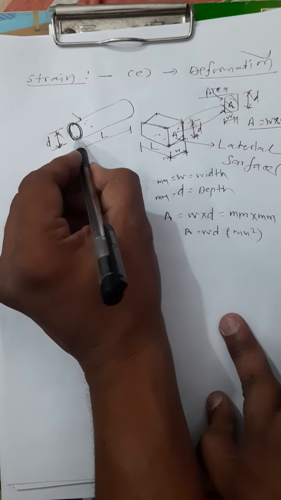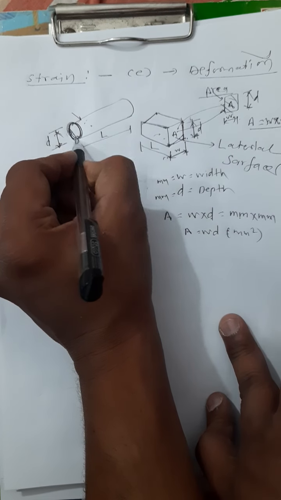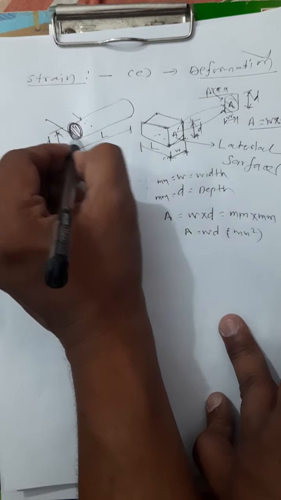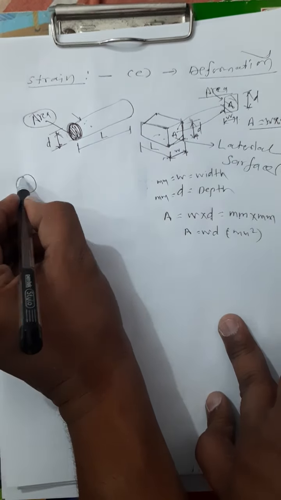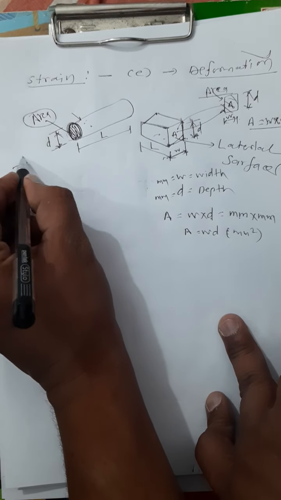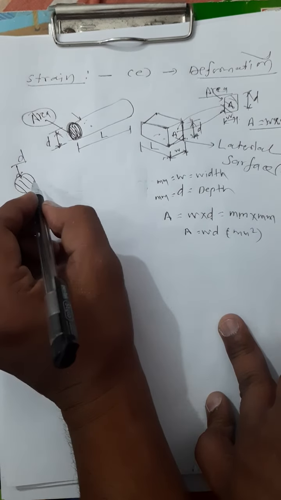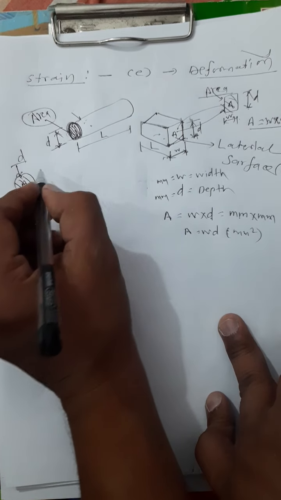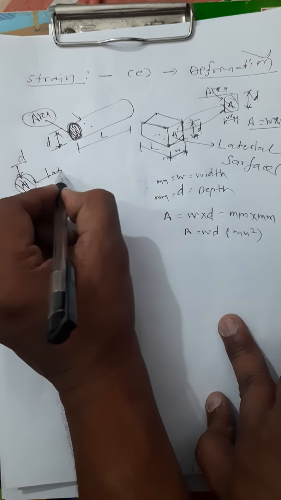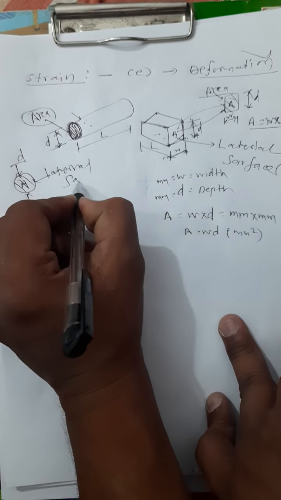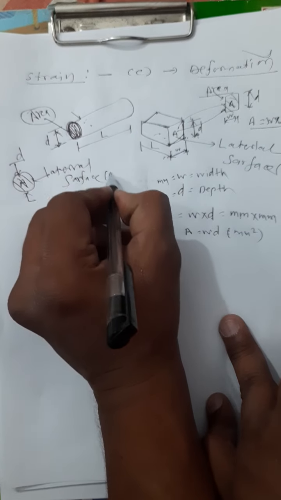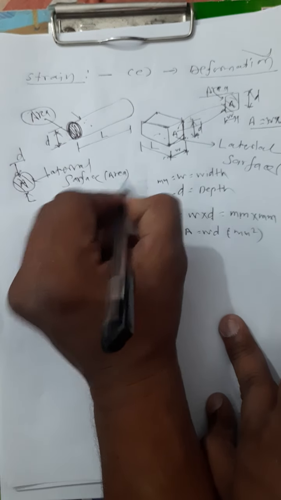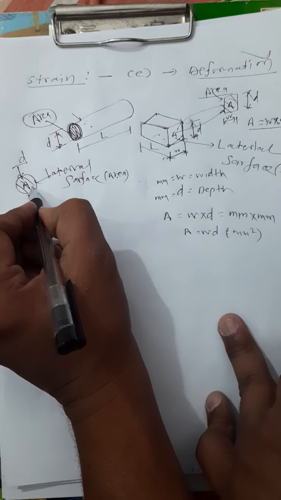Similarly, see in this circular bar, this circular shape is nothing but area. Are you getting? So the area is circular, and this area is called the lateral surface, or sometimes this surface is called the lateral area.